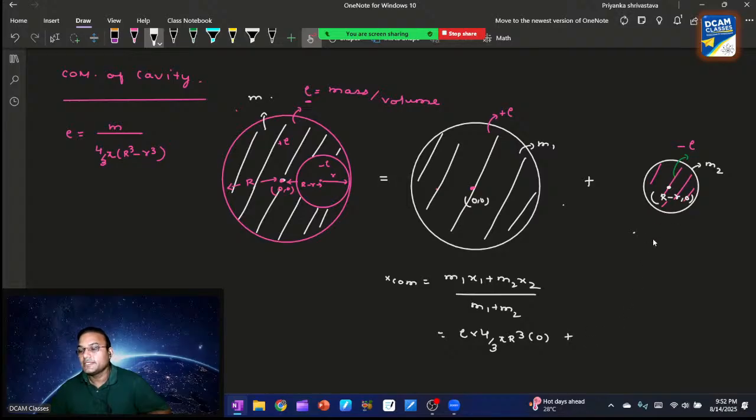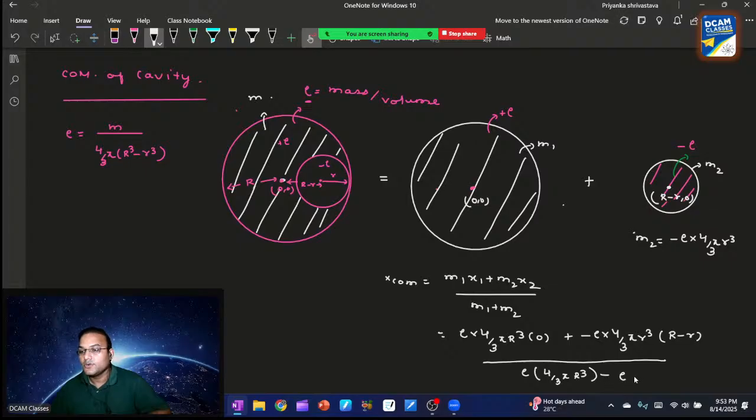Plus, what is its mass? m2 will be minus rho into 4/3 pi small r cube, into capital R minus small r, divided by m1 plus m2, which is rho into 4/3 pi capital R cube minus rho into 4/3 pi small r cube.